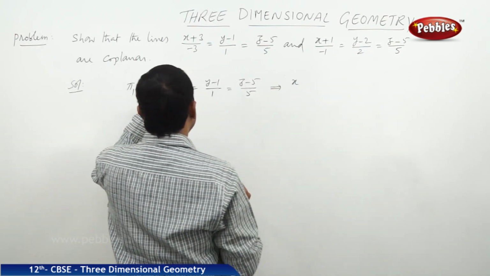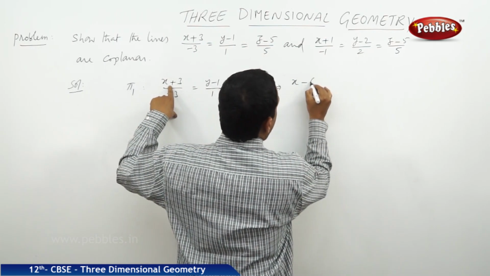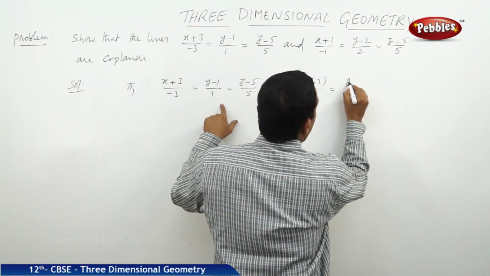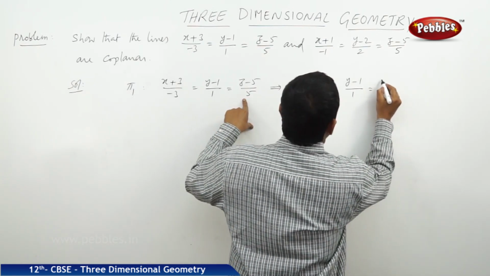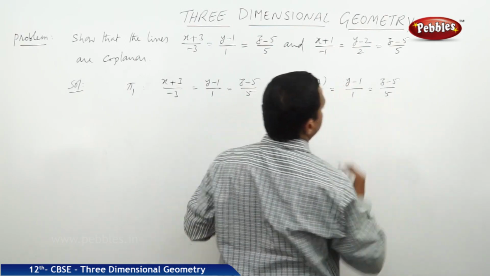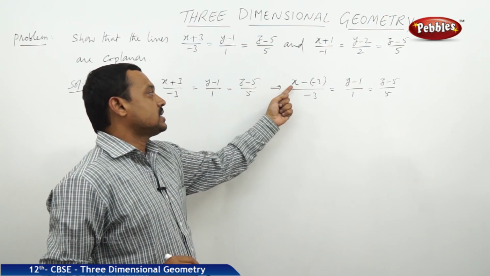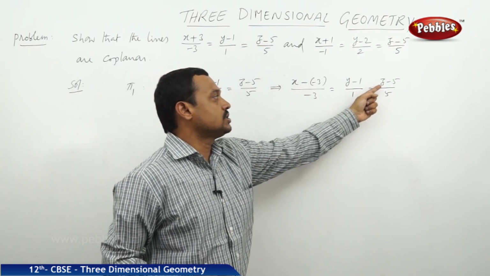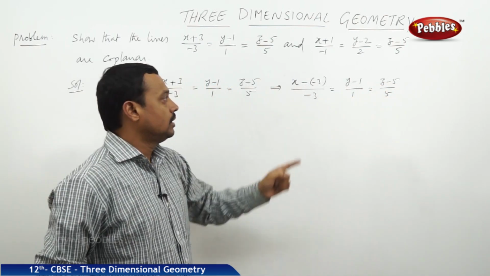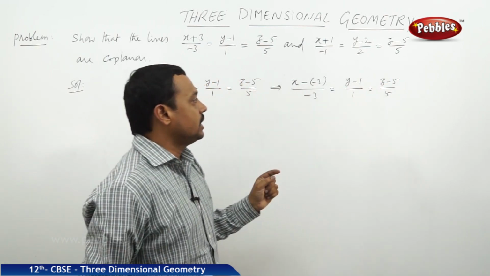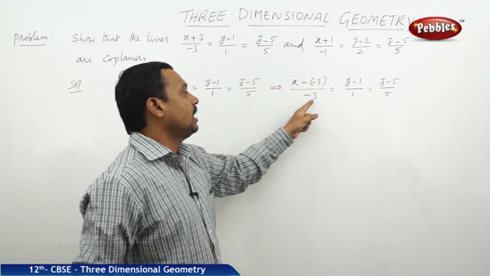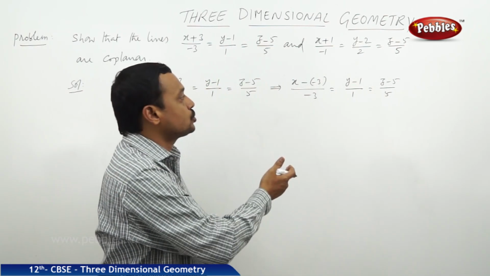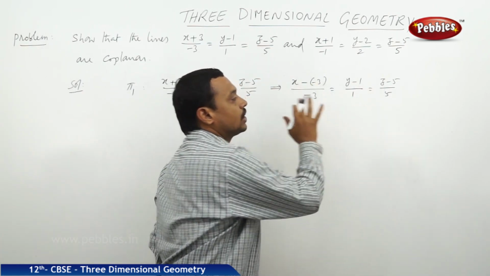I can change this equation into (x-(-3))/(-3) = (y-1)/1 = (z-5)/5. Now, it is of the form (x-x1)/a1 = (y-y1)/b1 = (z-z1)/c1, where x1, y1, z1 is a point on the line, and a1, b1, c1 are direction ratios of the line.